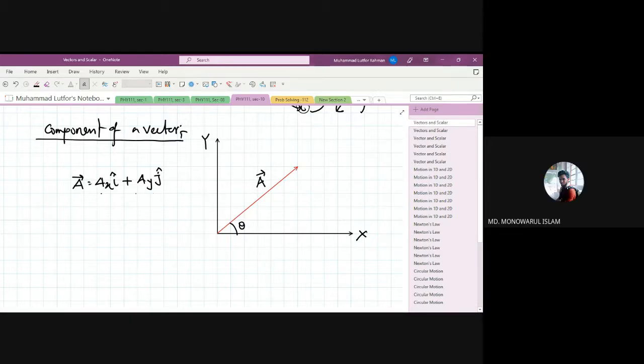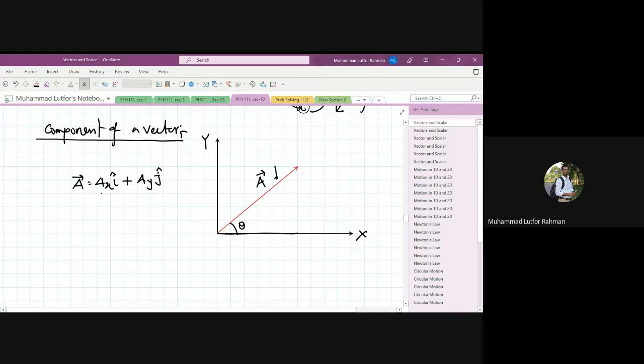Now, how do we write that down? That we are going to talk about over here. So first, I'm going to show you how we can express this. Say, if you put a light onto that vector, you will find the shadow of this vector A on the x direction, right? Say, this will be your shadow.